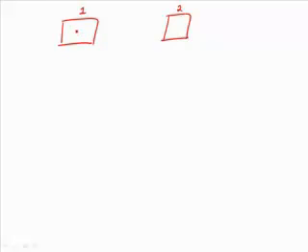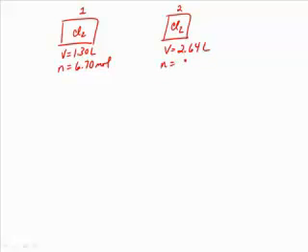All right, so here's container 1 and container 2, both of them have chlorine in there, and we know that the temperature is the same and the pressure is the same.